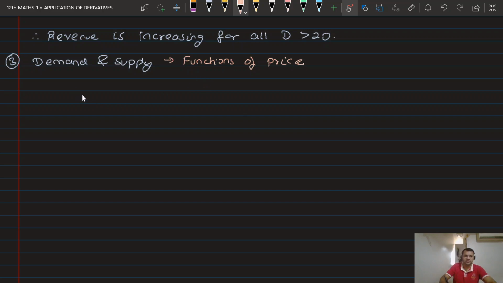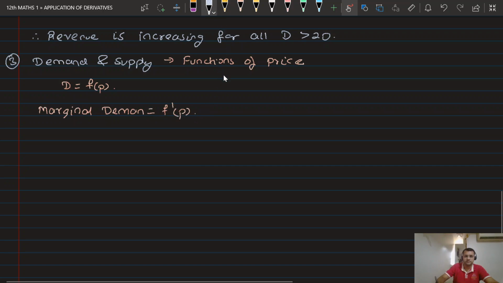So if I assume that D is equal to f of p, then I can say that the value of marginal demand is given by f dash p.